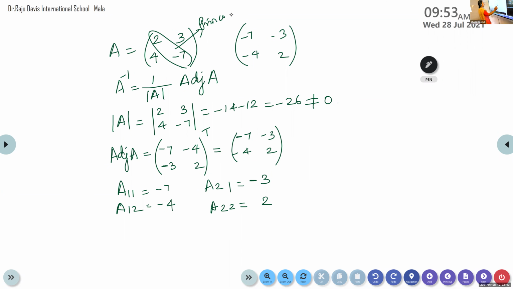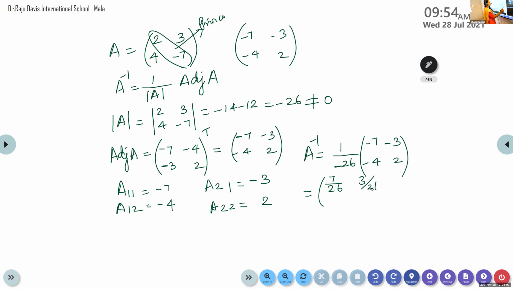So, now write down A inverse. After finding the adjoint, A inverse is 1 by minus 26 into minus 7, minus 3, minus 4, 2. If we take this negative 1 by 26 inside, we will get 7 by 26, 3 by 26, 4 by 26, minus 2 by 26.